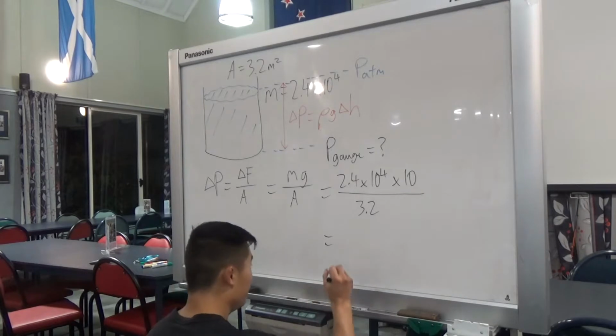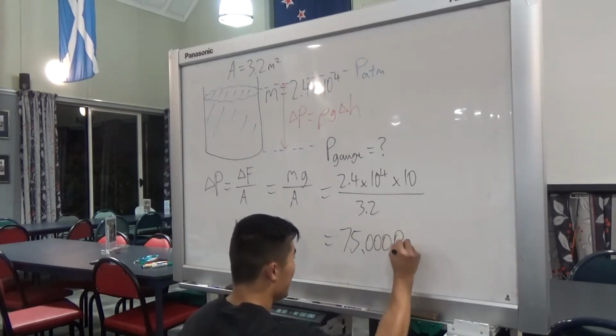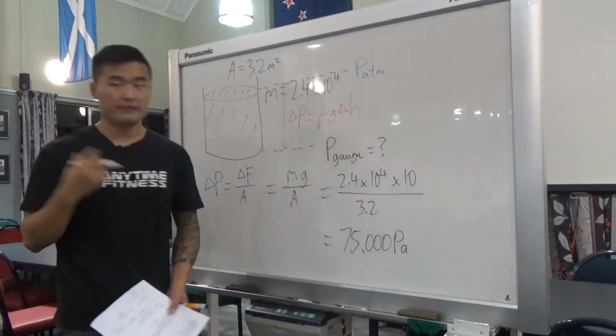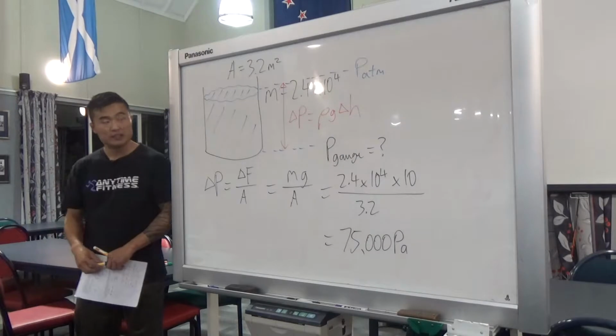And that's going to give you 75,000 pascals, which is 75 kilopascals. Okay?